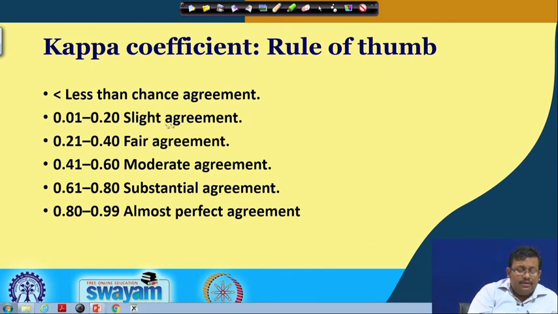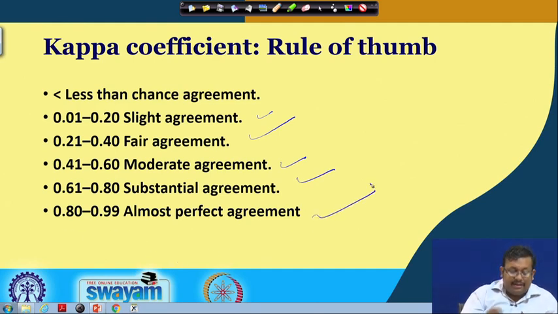You can see when the value is 0.01 to 0.20, there is a slight agreement, 0.21 to 0.40 fair agreement, 0.41 to 0.60 moderate agreement, 0.61 to 0.80 substantial agreement, 0.80 to 0.99 almost perfect agreement. However, where it is less than 0.01, there is less than chance agreement.